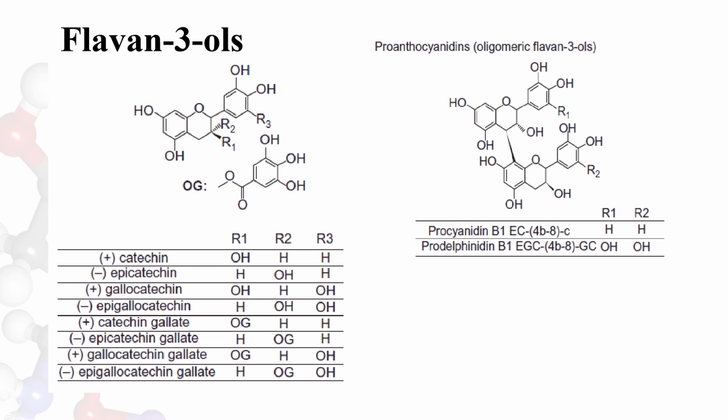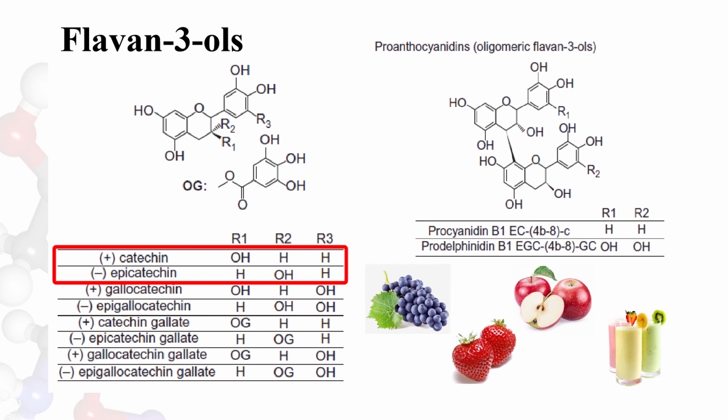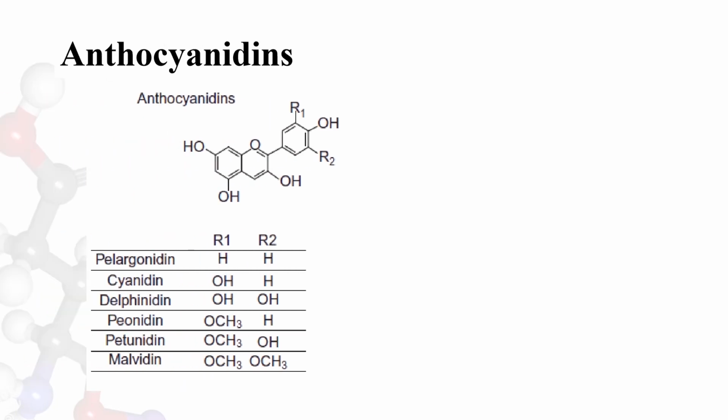Oligomeric flavanols are called proanthocyanidins, while polymeric forms are named condensed tannins. Epicatechin and catechin are the most widely distributed flavanols and can be found in many fruits like grape, strawberry, apple, and fruit juice. So, now we look at the last group of flavonoid compounds, namely anthocyanidin.